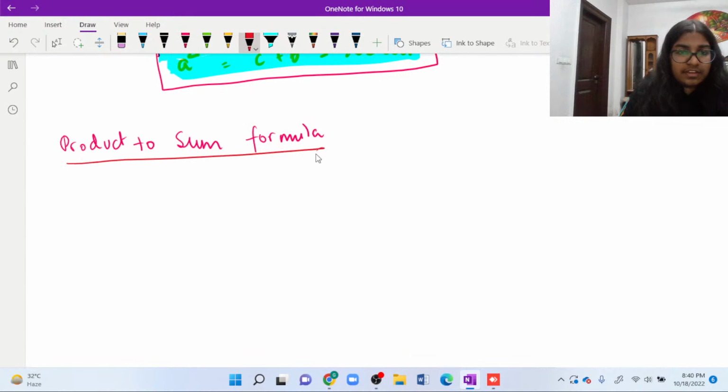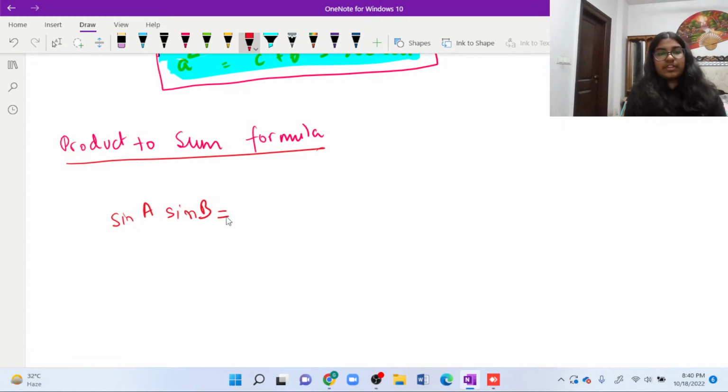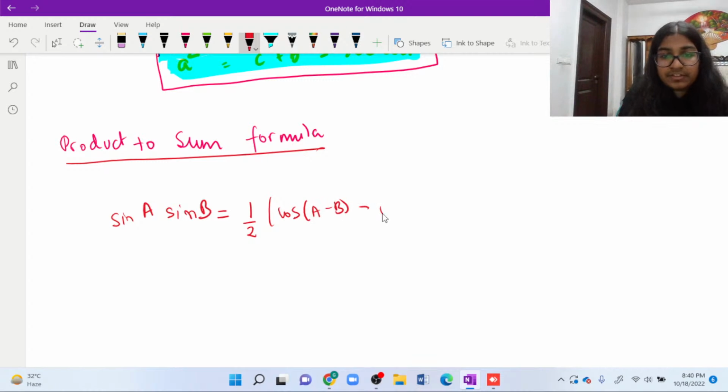So let's say you have sine of A times sine of B. There's a way to write it as sum of two trigonometric functions. So the answer is actually just half cos of A minus B minus cos of A plus B.